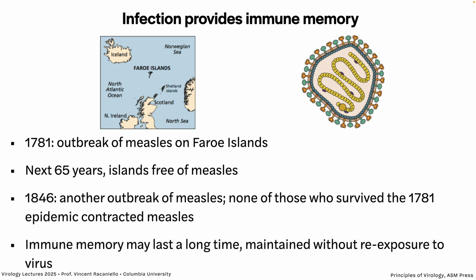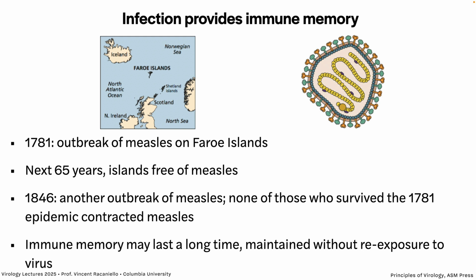Now, we don't even know what viruses are now. We understand what infectious diseases are. We know that in many cases, if you're infected and recover, you don't get it again. So he said, aha, this must be an example of memory, because those people survived, and the other people who didn't have memory, who didn't encounter the virus, or were newborn, were infected.